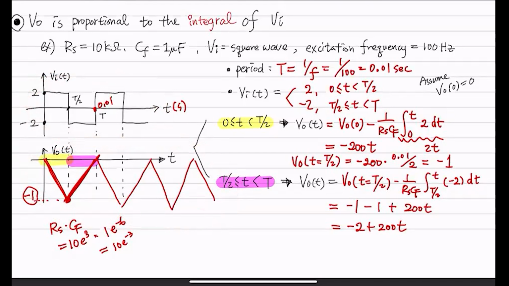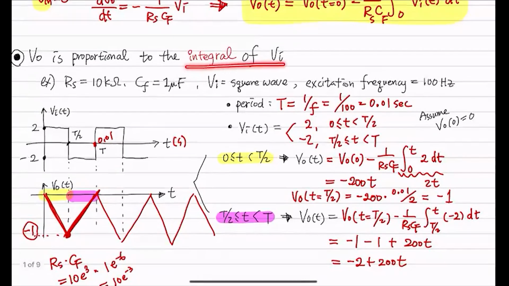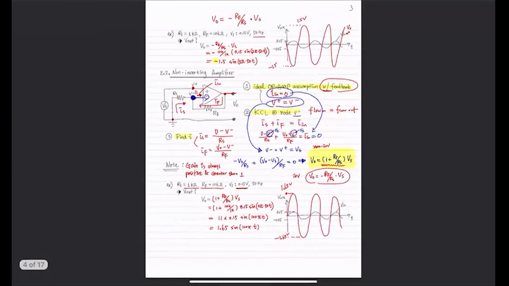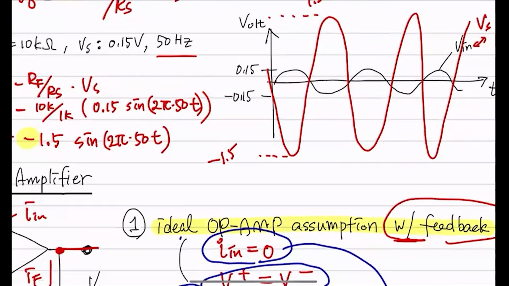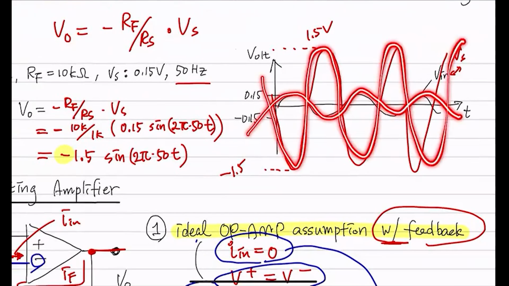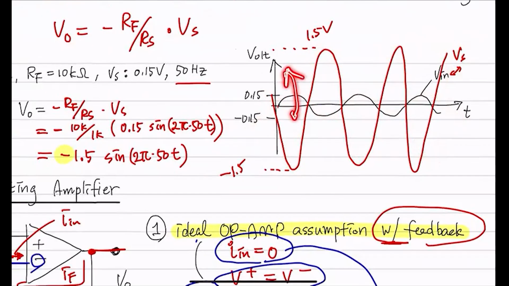So this is what we wanted to have. We wanted to have the integral of your input, okay? So it's slightly different from our previous cases. In our previous cases, if you remember, if you put a sine wave going in, your output is going to be a sine wave too, maybe just flipped over, depending on whether it's inverting or non-inverting.